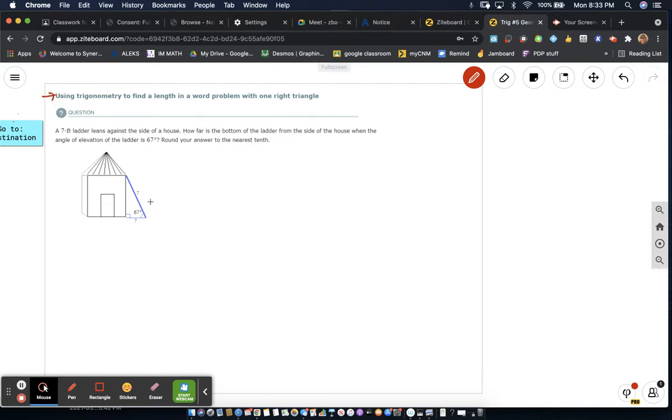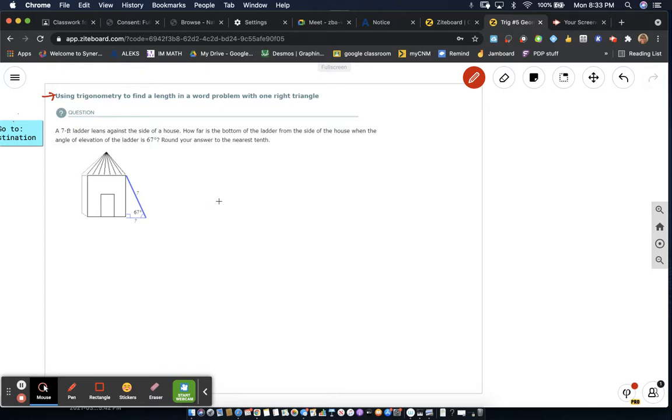When you are taking notes, maybe you want to mark the date of the notes, like trig number 5, or the title of the notes, and then write down these problems so that when you get them, you can refer back to your example. These problems coming up are going to be word problems with triangles.